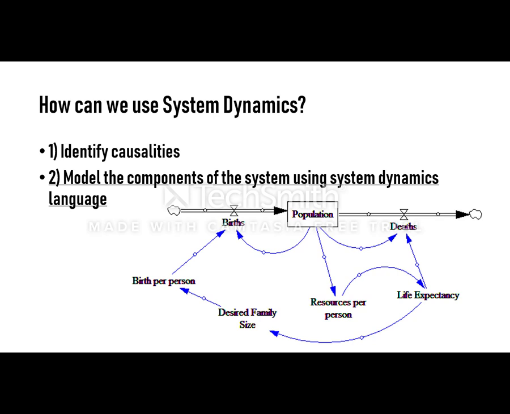As an example, for the case of the population, the stock is the variable that is accumulating along time. That is the population here. The flows would then be the elements making this stock increase or decrease. That is the birth and the deaths.